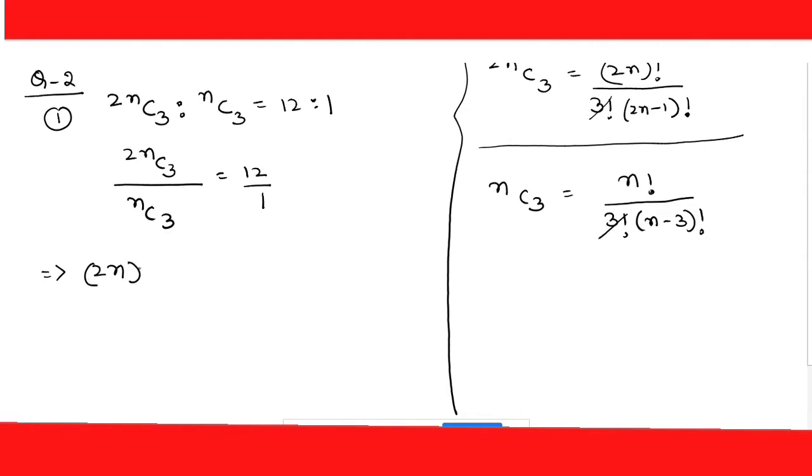This is overall 2n factorial. This is different. In factorials, we don't cut that. Now in the reverse order, we have factorial n, and here I have n minus 3 factorial, which is equal to 12 by 1.